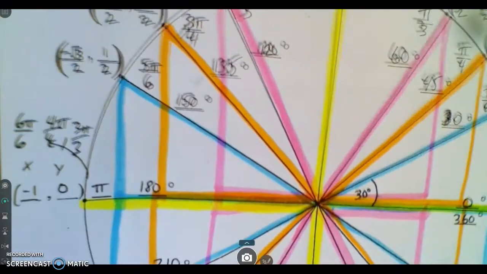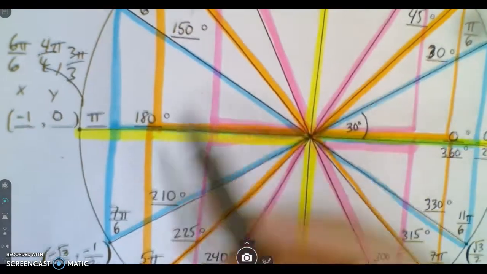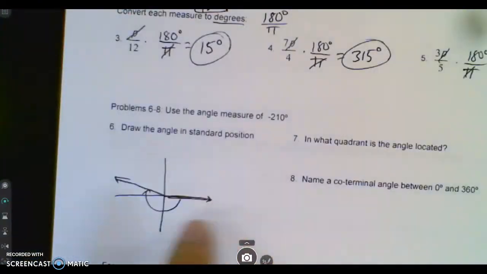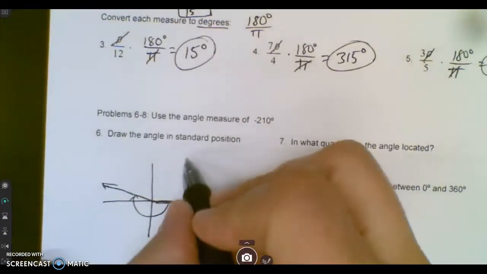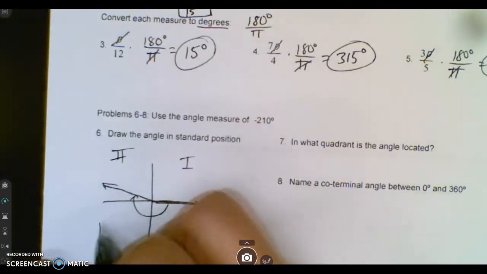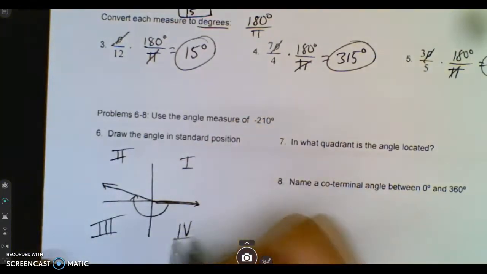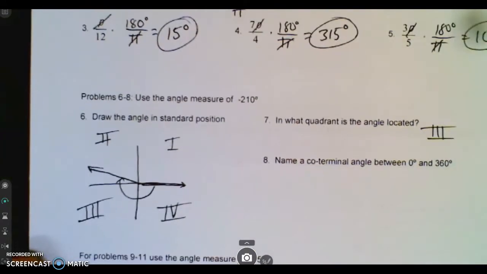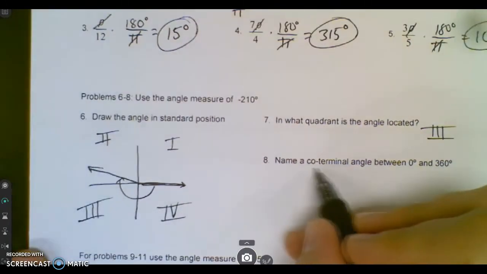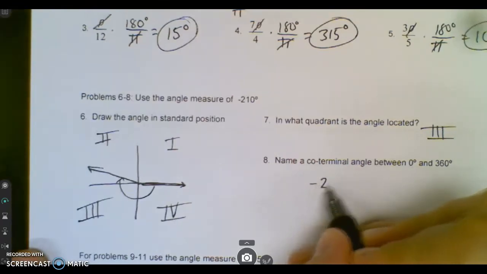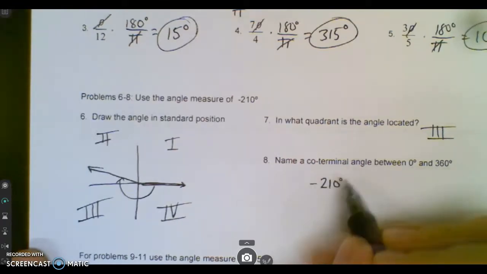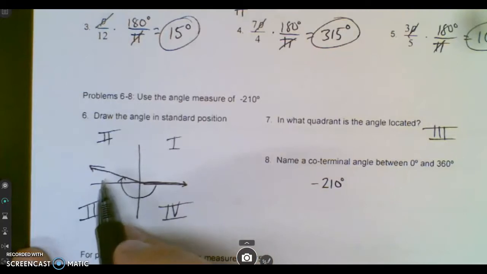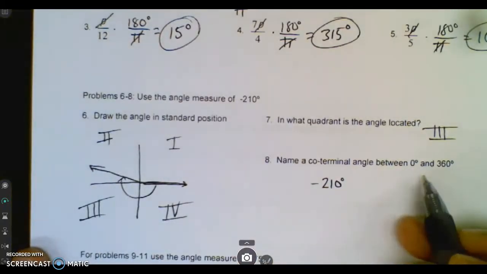If you look at our unit circle, a regular 210 would go this way. A negative 210 goes the other way. What quadrant? Remember, we label them like this. So that is quadrant 3, Roman numerals. Name a coterminal angle. That means if I have negative 210, I want another angle that ends in the same exact spot, but lands between 0 and 360.